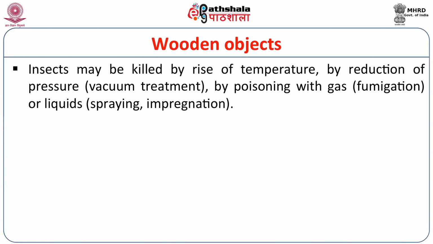In case of wooden objects, insects may be killed by a rise of temperature or by reduction of pressure, which is also known as vacuum treatment. This vacuum treatment kills the insects. Poisoning with insecticidal gas, or fumigation, and spraying or impregnation with liquids also kill the insects which attack our wooden object.